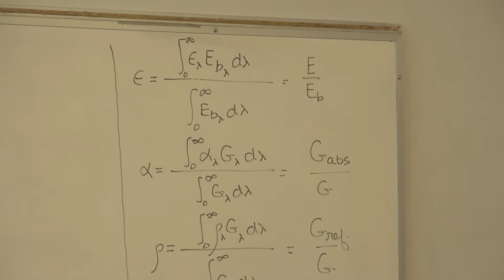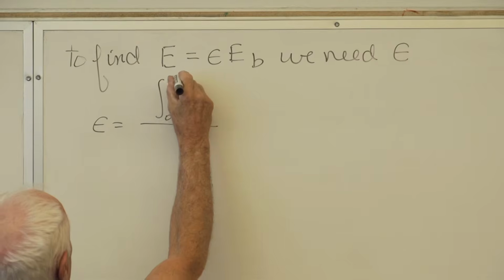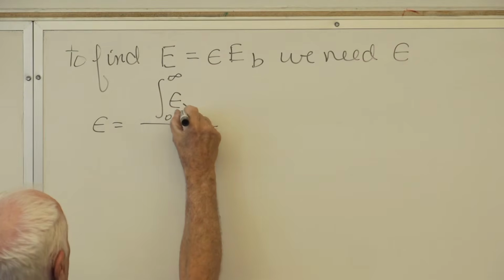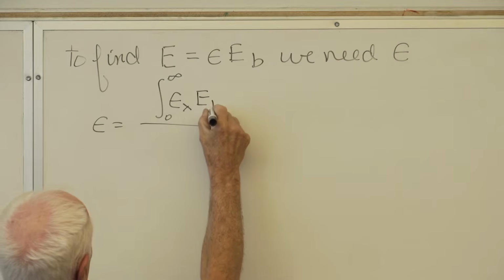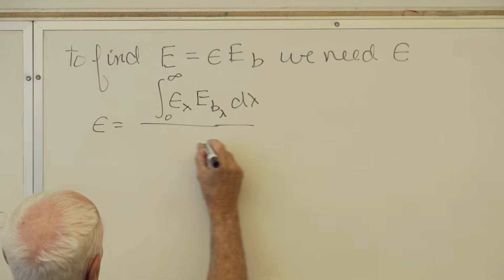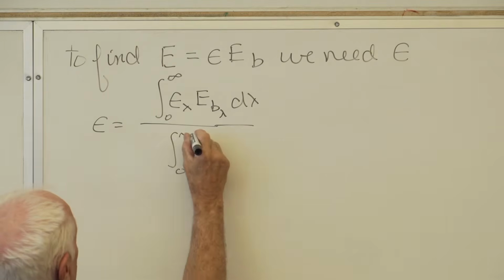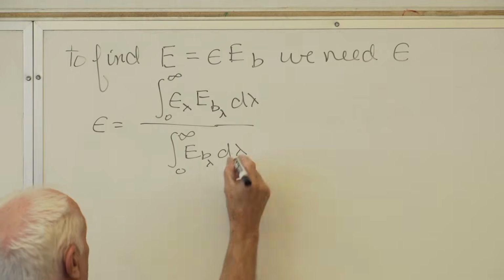Epsilon equal integral 0 to infinity epsilon lambda, that's spectral emissivity, E_b lambda, d lambda, divided by integral 0 to infinity E_b lambda, d lambda.